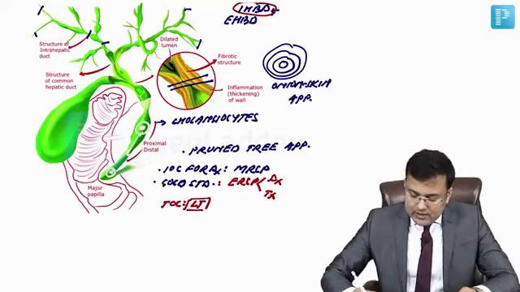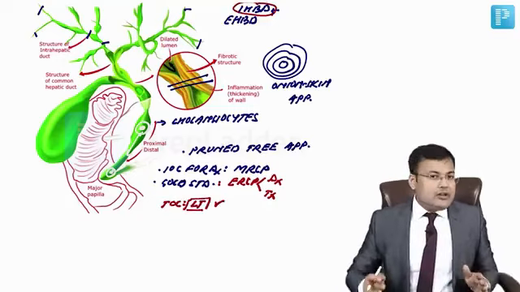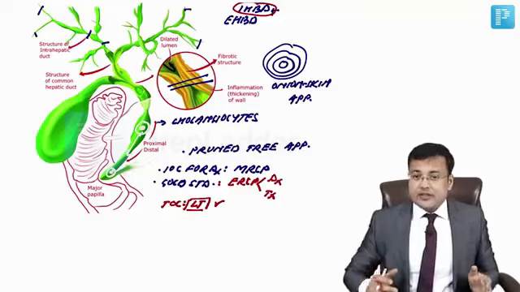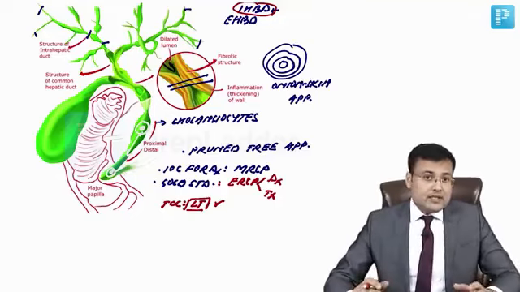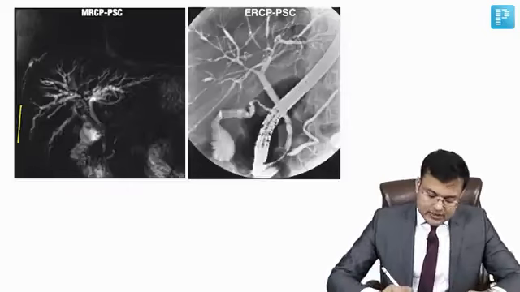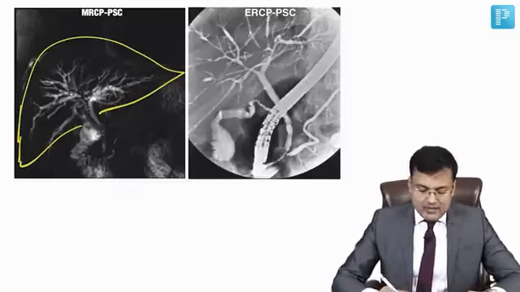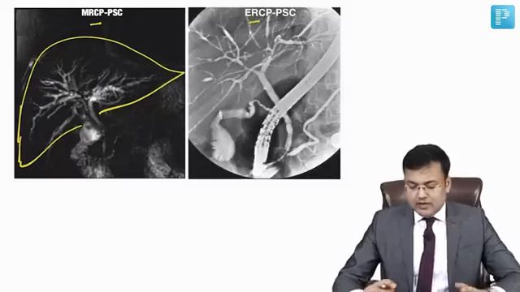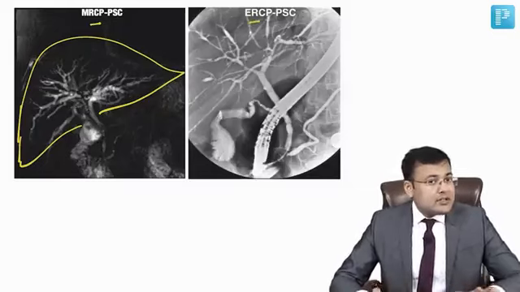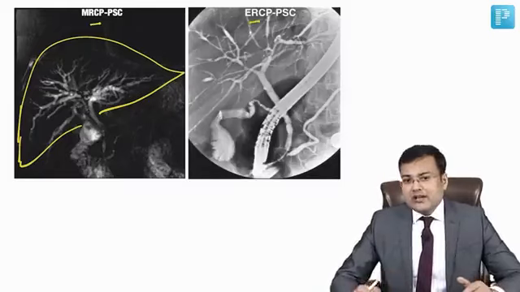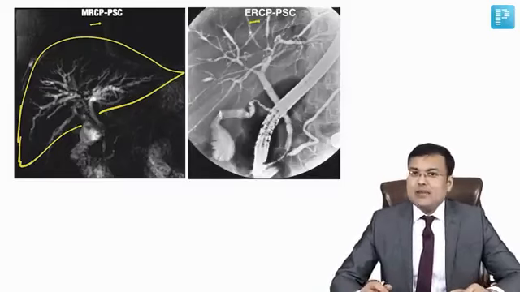Liver transplantation. So liver transplantation is the treatment of choice for primary sclerosing cholangitis. Here you can see the appearance of primary sclerosing cholangitis on MRCP and on ERCP. You can notice there are multiple strictures involving both intrahepatic as well as extrahepatic bile duct.